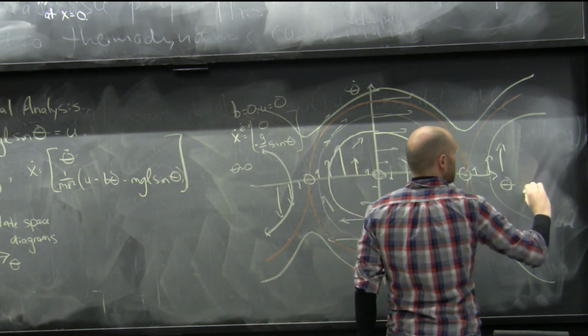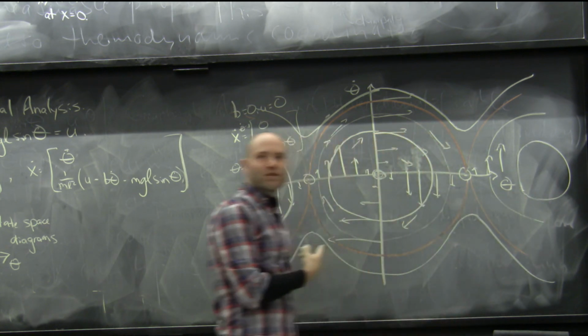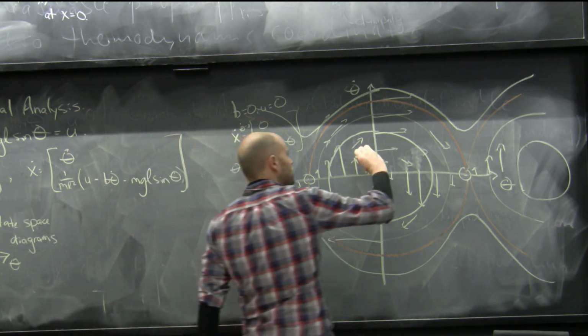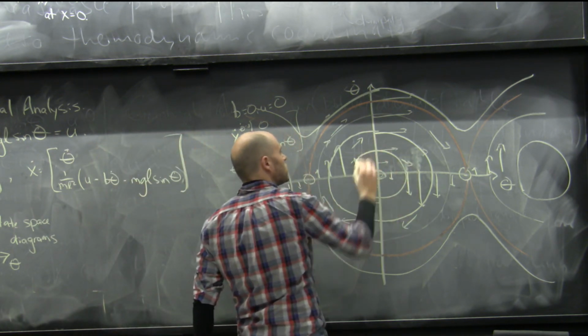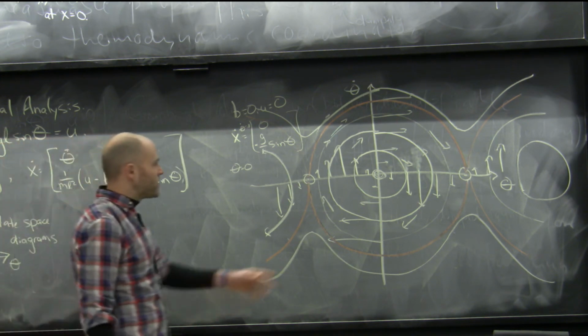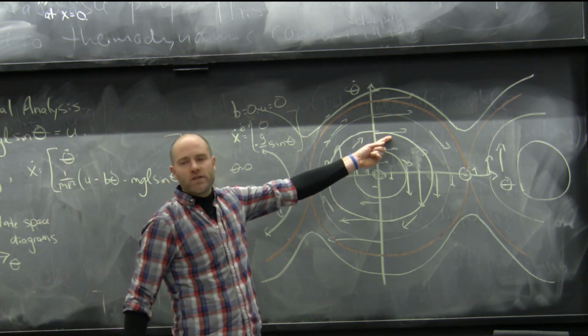Okay, so people feel like they've seen that picture before. It's sort of the eyeball of the pendulum. So it's a fairly famous face portrait of the pendulum. Is there a simple way to describe what these curves are?